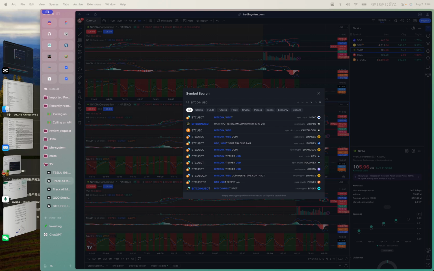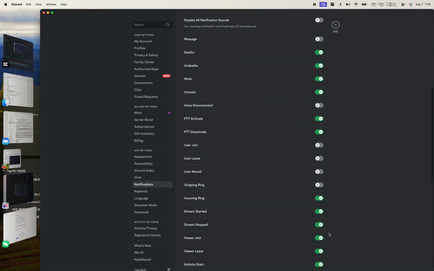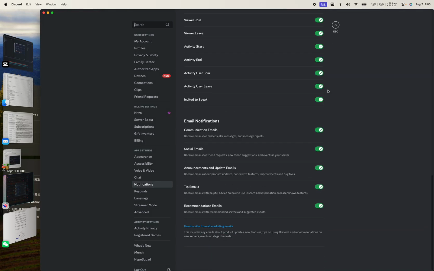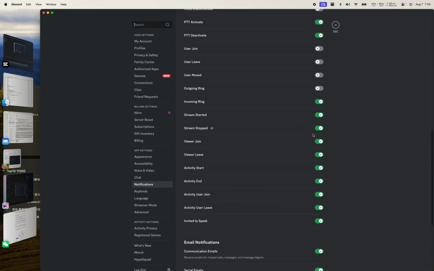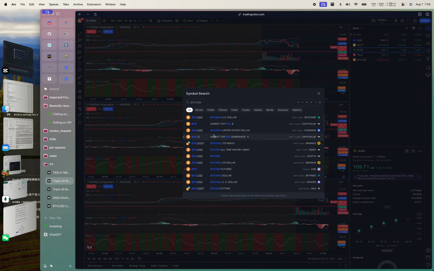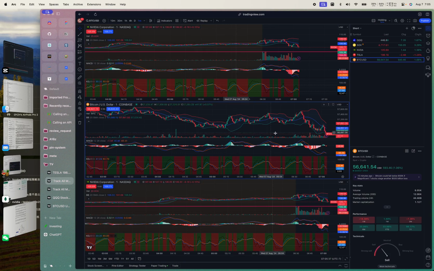Yeah, I'll mute the notifications: noise disconnect, user join, user leave, user moved. Okay, it's much better because when I'm trading, I usually need to focus. So I don't want to be disturbed.